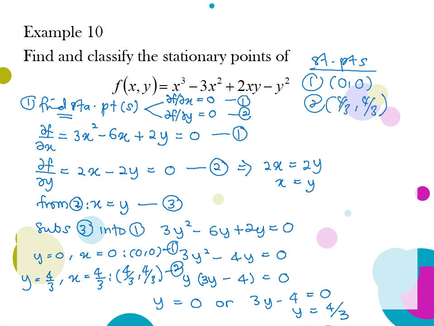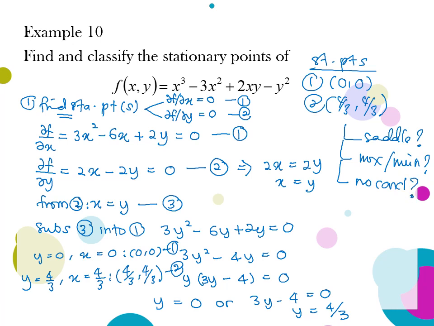So these are the 2 points that we need to classify, whether they are saddle, maximum, or minimum, or no conclusion.